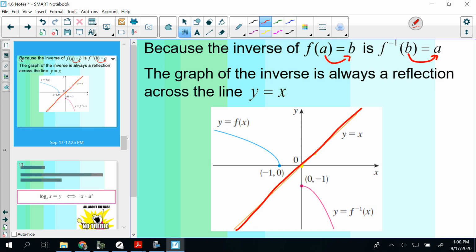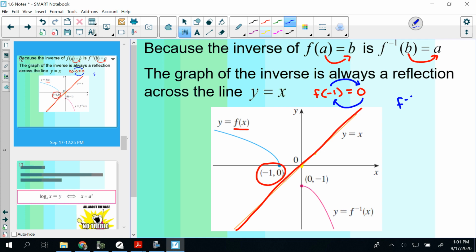The graphs are reflections across it because, say for instance, we have on our function the point negative 1, 0. That means f at negative 1 maps to 0. Then if we do the inverse, 0 is going to map to negative 1.